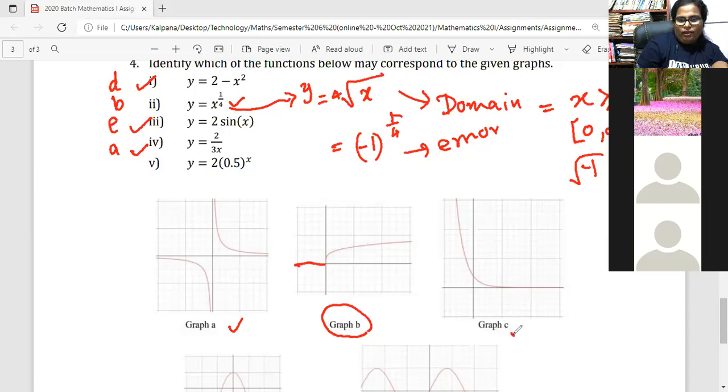එතකොට remaining graph C එක match වෙනවා මේ y equals 2 to the power 0.5x. Here this is an exponential equation. මොකද x තියෙන්නේ බලයක් විදිහට. In all these other types we have our variable x as a base. එතකොට x යම් කිසි equation එකක මේ විදිහට බලයක් විදිහට තියෙනවා නම් අපි කියනවා ඒක exponential equation එකක් කියලා.